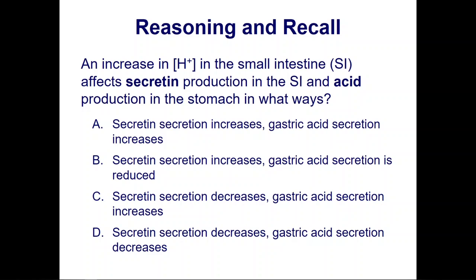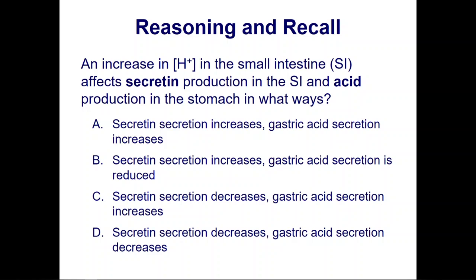So remember secretin, this was actually in the vocabulary, so I hope you've gone through that. Secretin is produced in the small intestine if there's a lower pH or there's acid getting in.